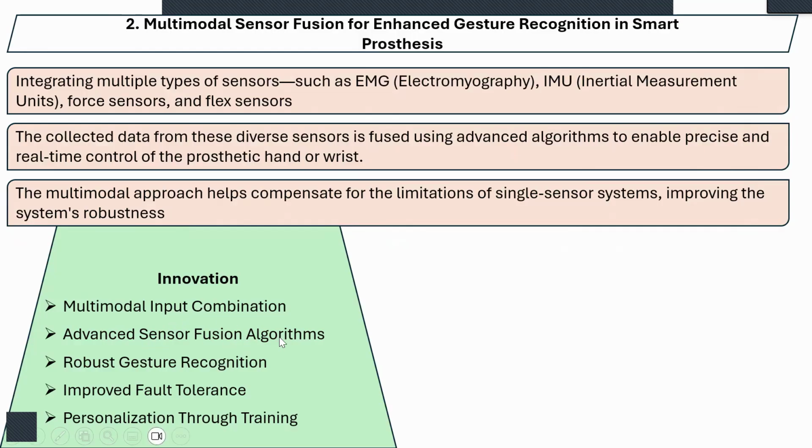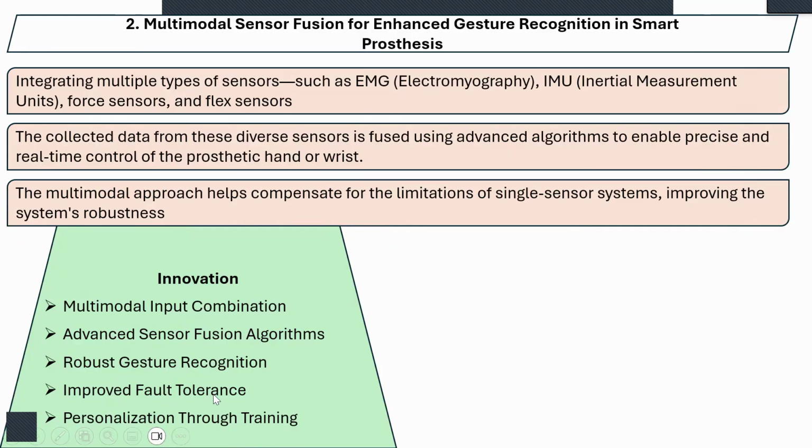Advanced sensor fusion algorithm. So it employs Kalman filter, Bayesian inference, or ML models to combine and interpret the sensor data in real time. Robust gesture recognition means it enables complex and nuanced gesture control such as pinch, grasp, twist, and wrist rotation even in dynamic environments.